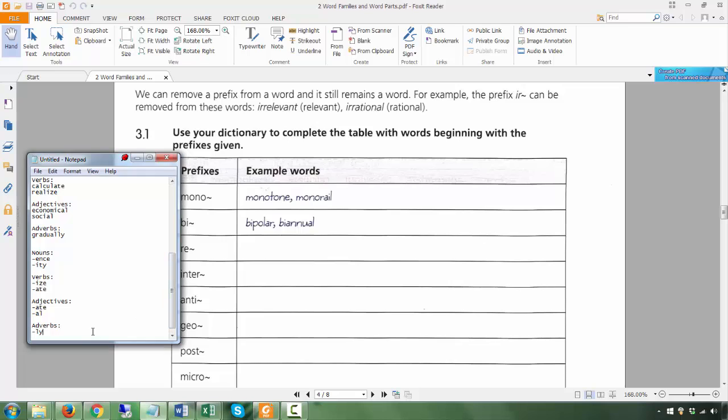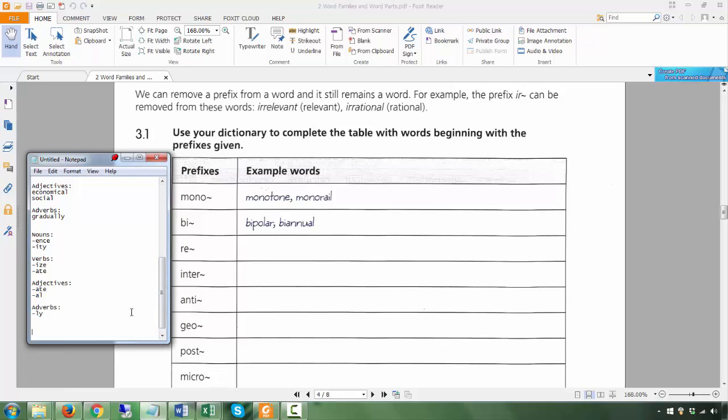All right, let's do this task. Let's do some words. Okay, these are prefixes. So re could be rearrange. Inter could be interpersonal. Anti could be anticlimax. Geo could be geophysics, geography.